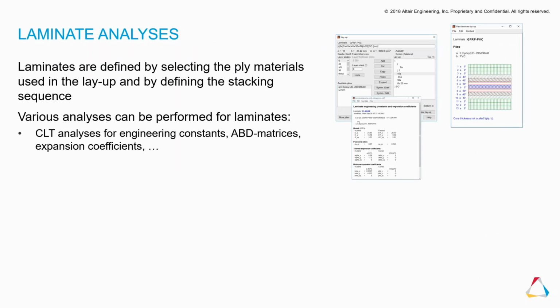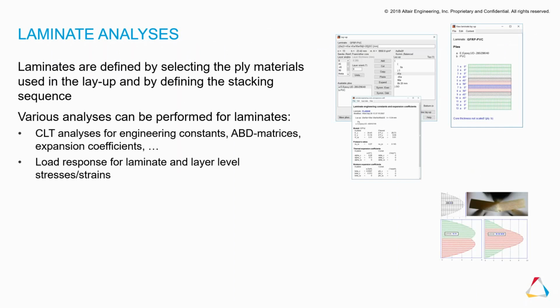And once we have a layup defined, we can move further into classical lamination theory-based analysis for engineering constants, ABD matrices, expansion coefficients, and so on. You can perform load response analysis for a single laminate, giving us a load case. There's also a possibility to look at the transverse shear stresses.